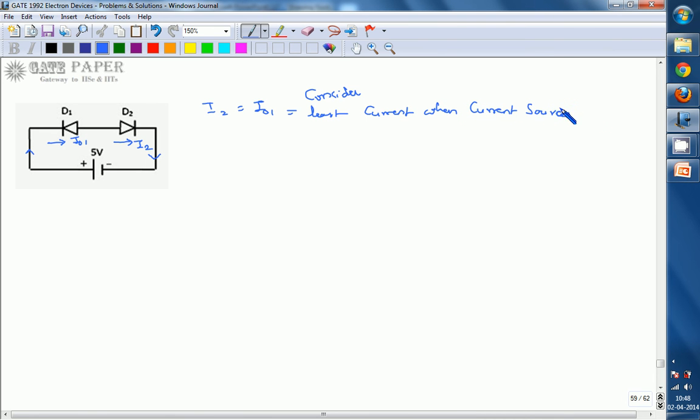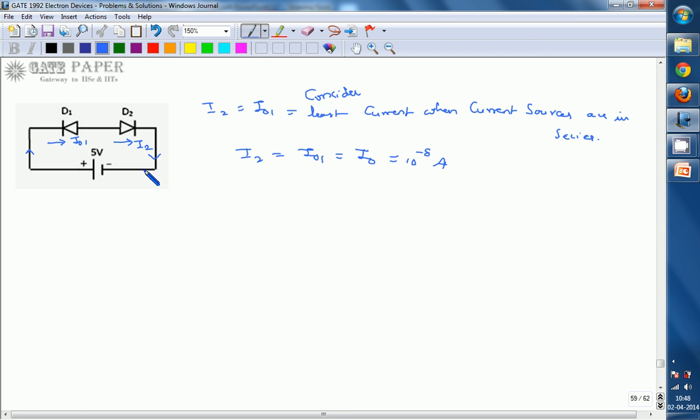So here the effective current is I2 equal to I01, which is nothing but I0 itself, which is 10 power minus 8 amperes.